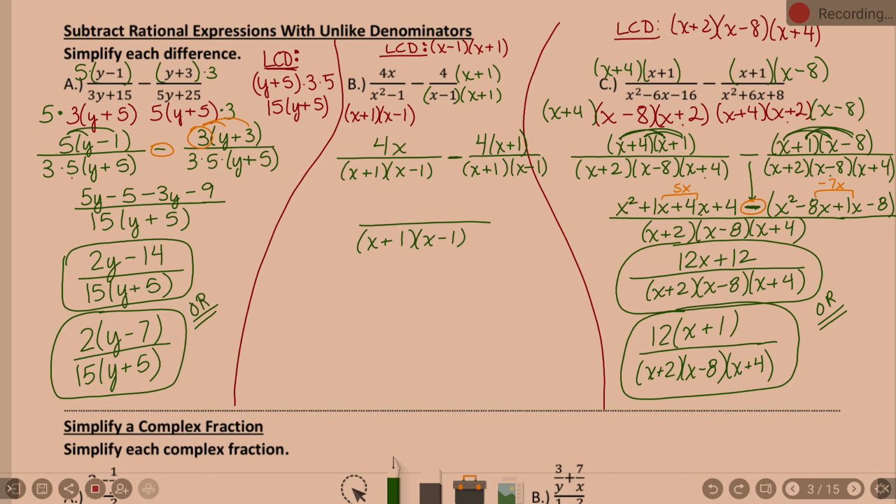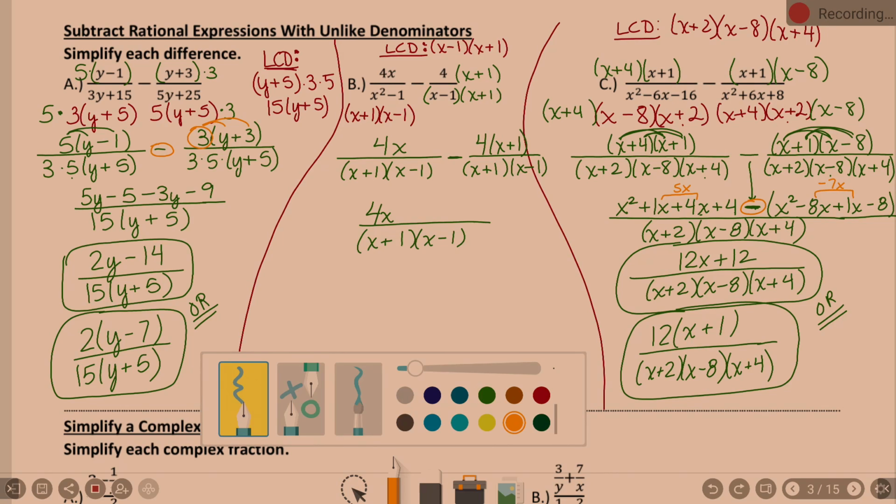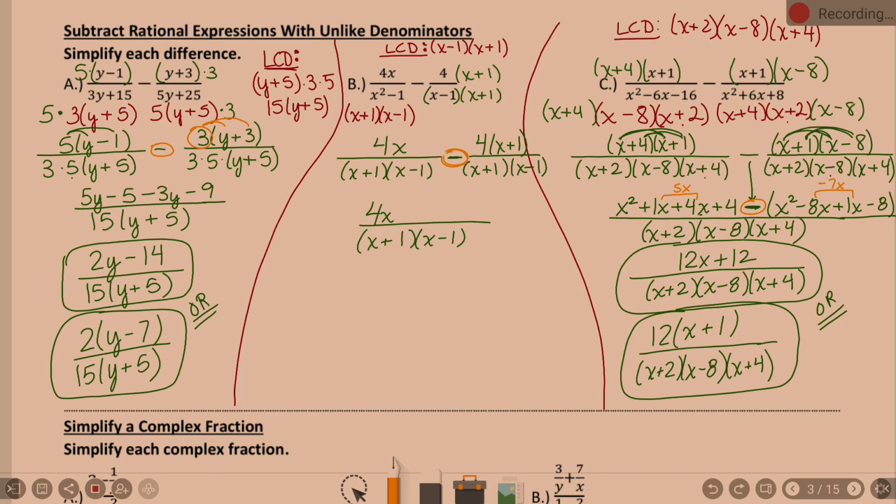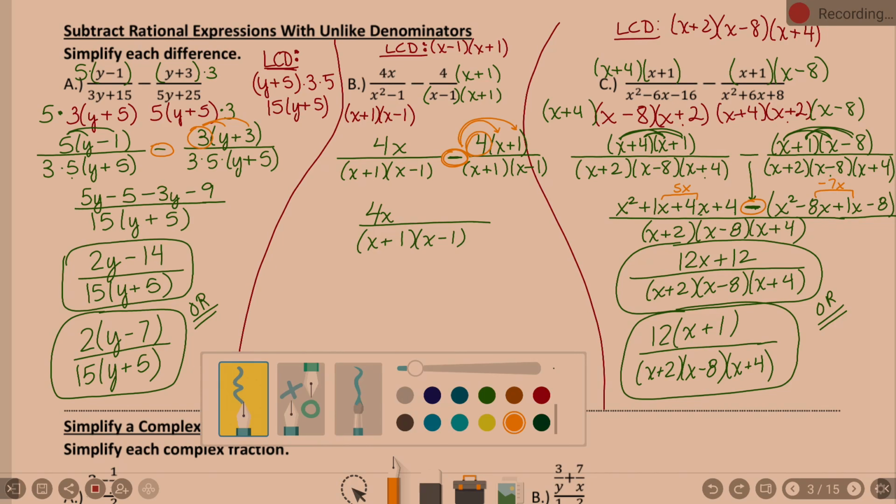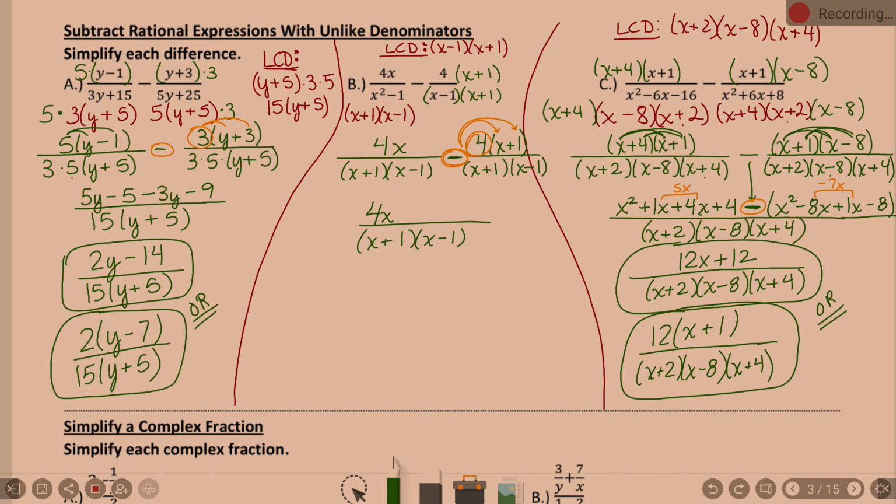Now, on top, 4x is there. What are we doing here? It's a minus. So as I distribute this 4, I want to think of it as a minus 4. So for me personally, I'm going to write this out as minus 4x, and minus 4 times 1, minus 4.